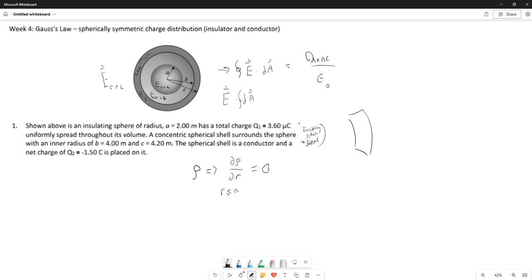Because there's some positive charge within this sphere, it's going to emit an electric field, right? Radially outward. And that will permeate every slice of our conductor shell, where this is our conductor shell.